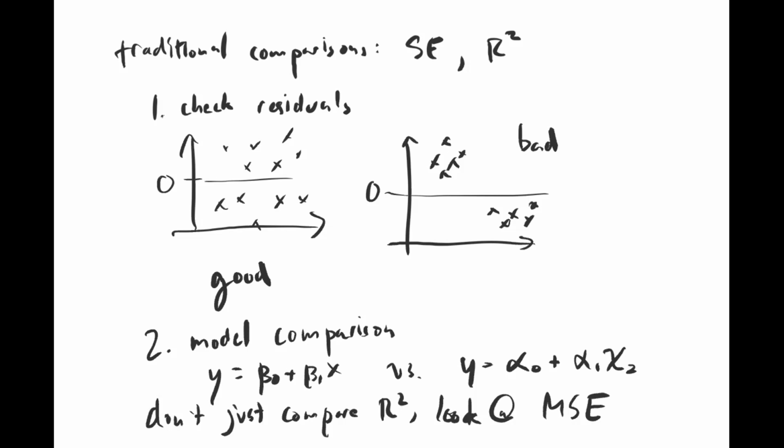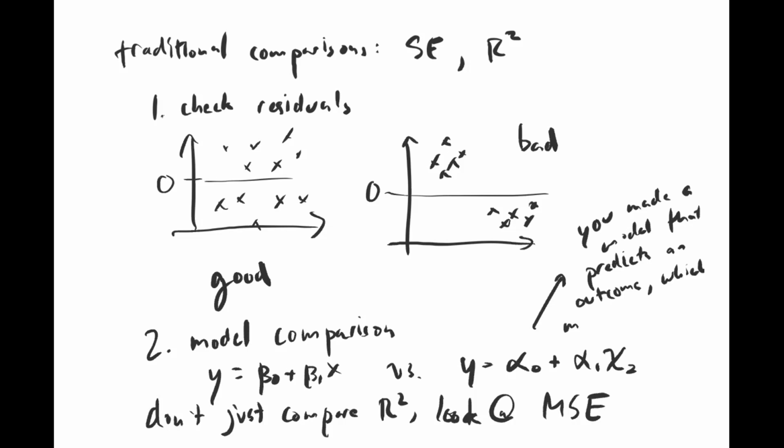And really, what we're talking about here is you made a model that predicts an outcome. Which model produces the best predictions? And the metric with which we measure this is the mean squared error, not the R squared, right?